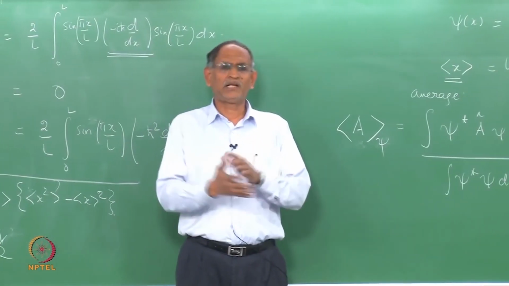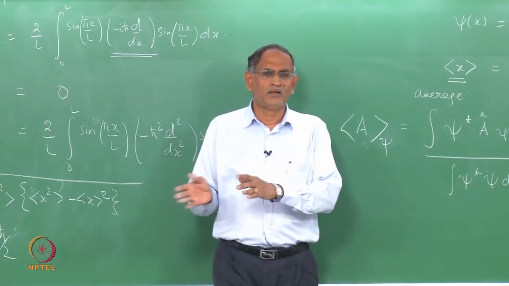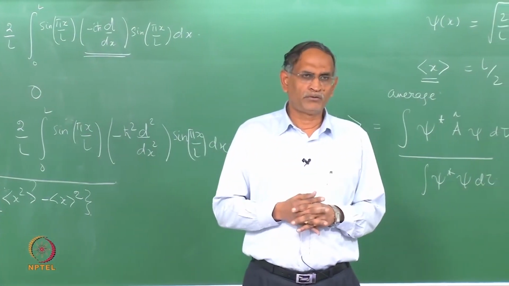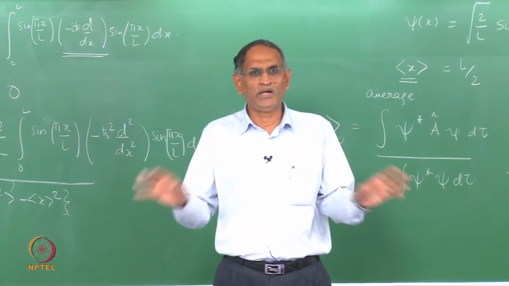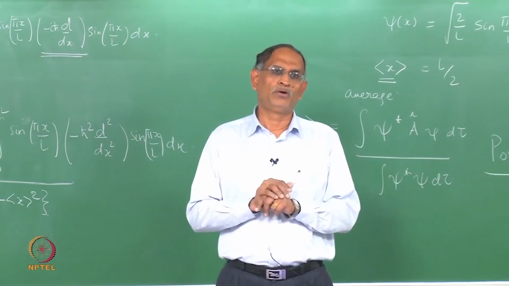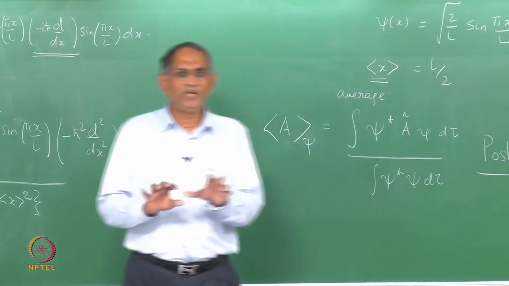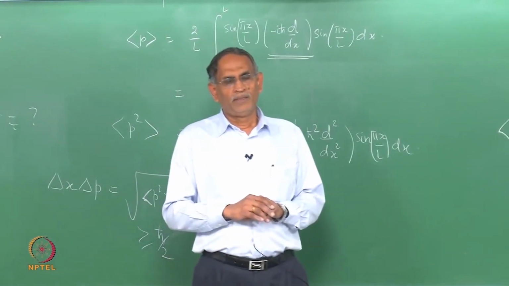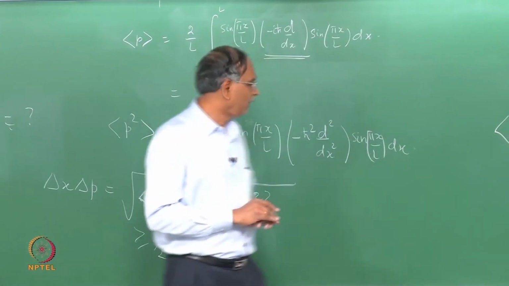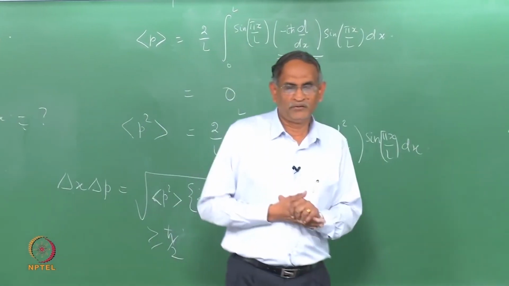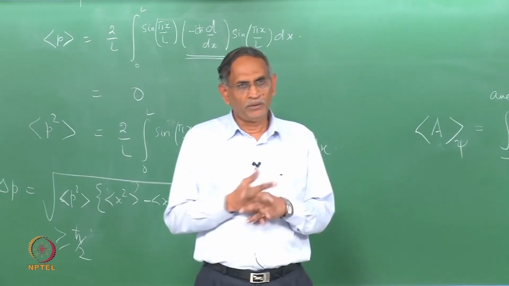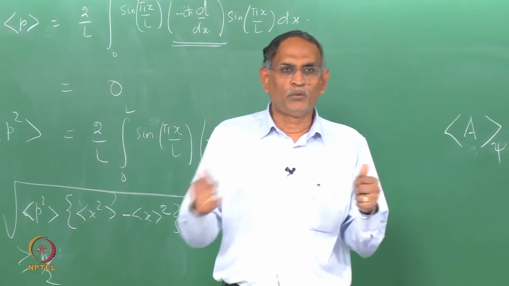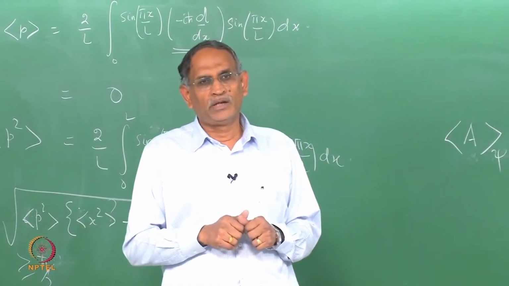Now, exactly the same statement can be extended to the particle in a two-dimensional box, except that now you have x and y as two independent coordinates, px and py as two independent coordinates. Therefore, you have a corresponding uncertainty relation in two dimensions, with one exception, namely x and y are independent coordinates.